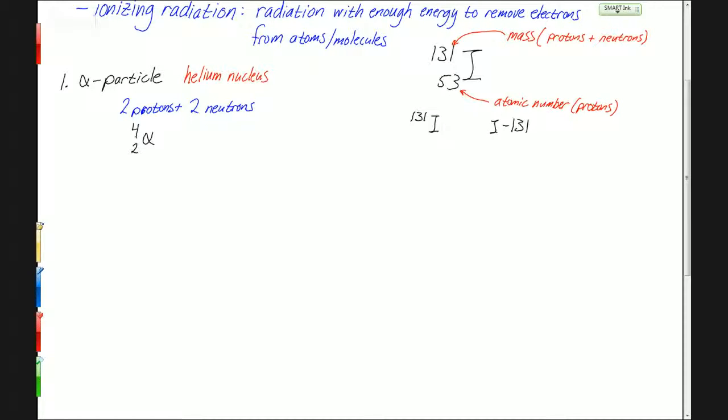But it's more commonly expressed as a helium nucleus, so we actually write He 2 and 4 as our alpha particle, because anything with 2 protons is really helium. So that's our helium nucleus.